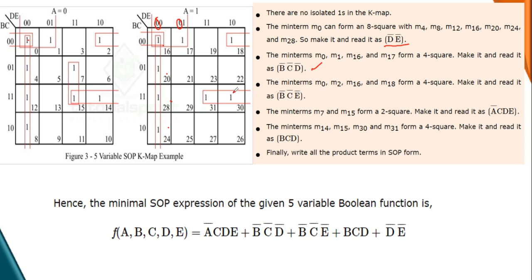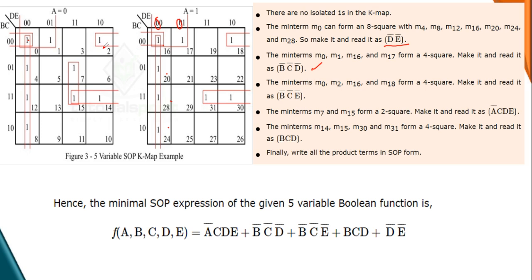Next, minterm M0 is adjacent with M2, M16 as well as M18. To cover M18 and M2, we check for a larger square adjacency.